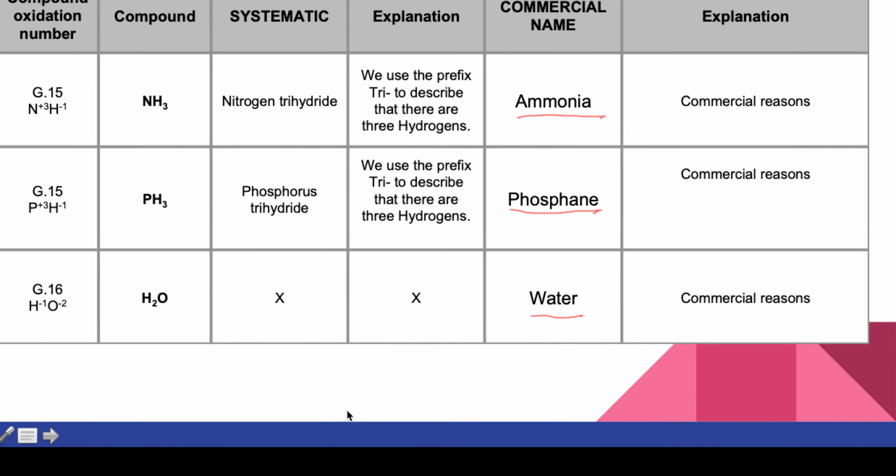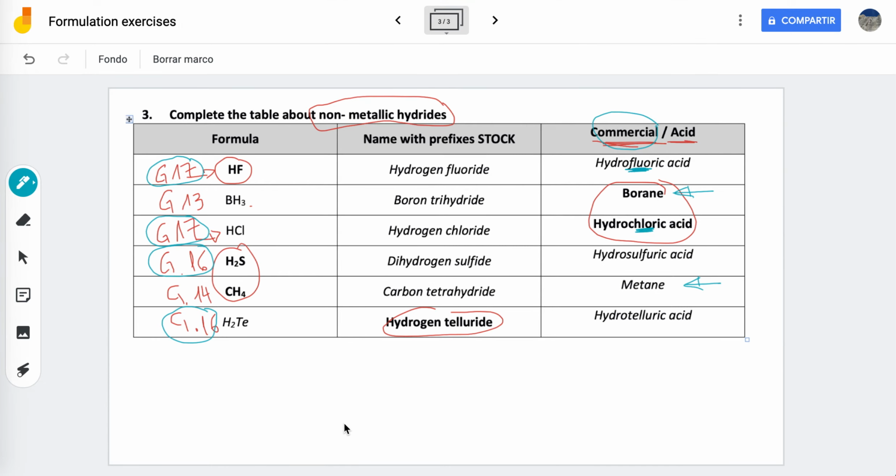So coming back to the previous thing, we have 13, 14, 15. There isn't any example of group 15, but it will be the same commercial name like ammonia. Yes, ammonia. Good.